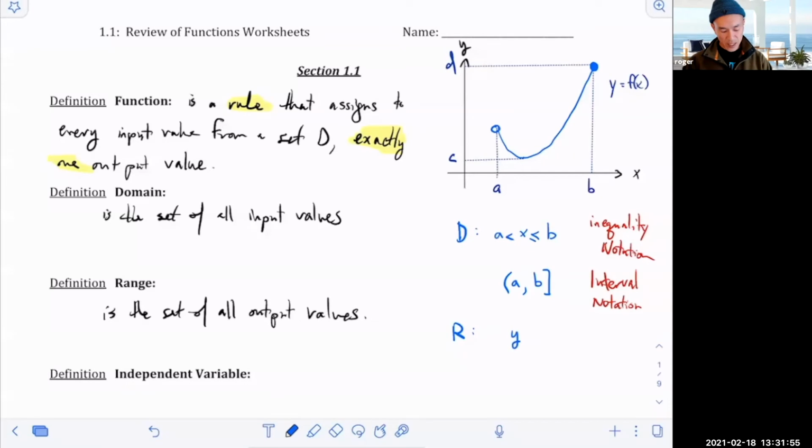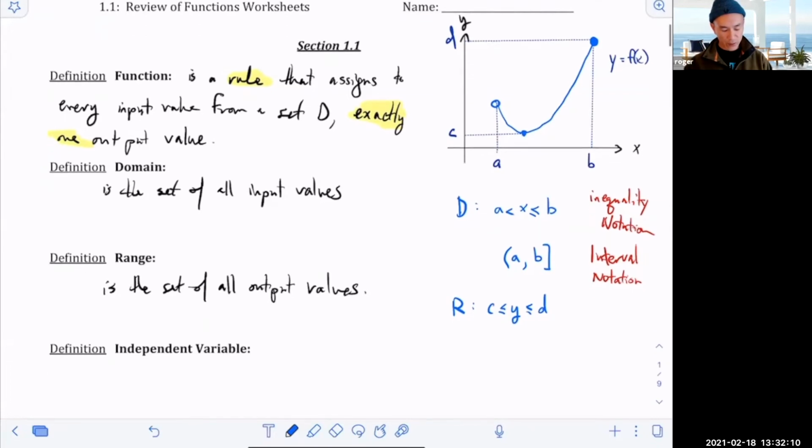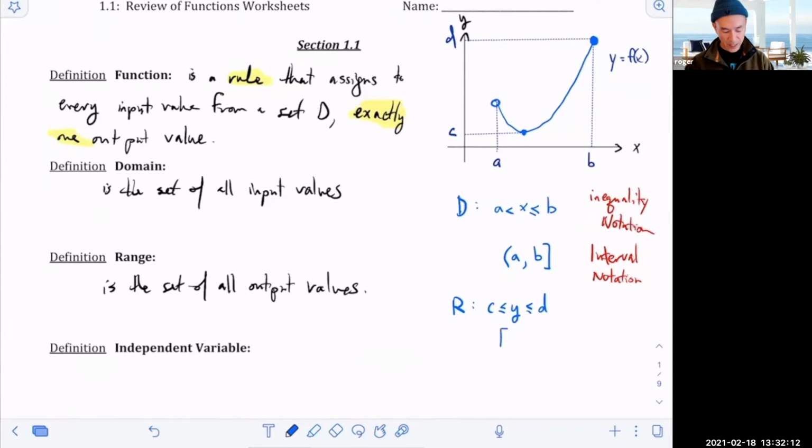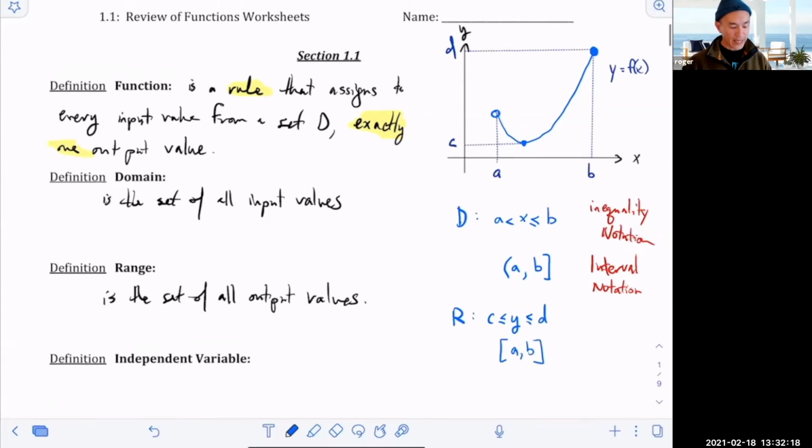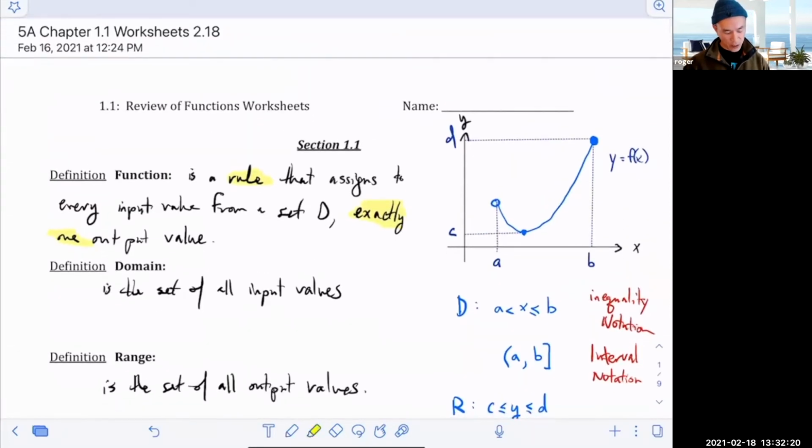So Y is going to be between C and D. This time both C and D are included. So when I write the interval notation for this, it's going to be a square bracket C, D, close square bracket.